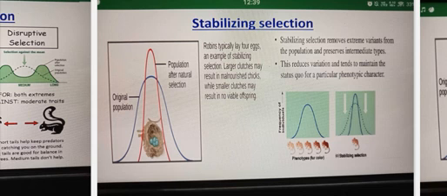Robins typically lay 4 eggs, an example of stabilizing selection. Larger clutches may result in malnourished chicks, while smaller clutches may result in no viable offspring. Stabilizing selection removes extreme variance from the population and preserves intermediate types. This reduces variation and maintains the status quo for a particular phenotypic character.